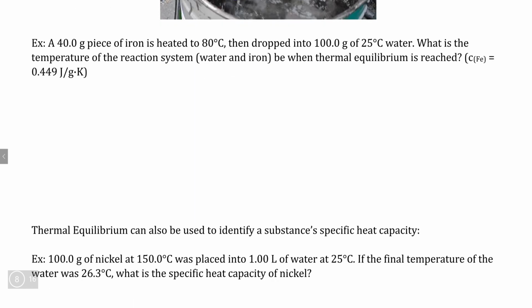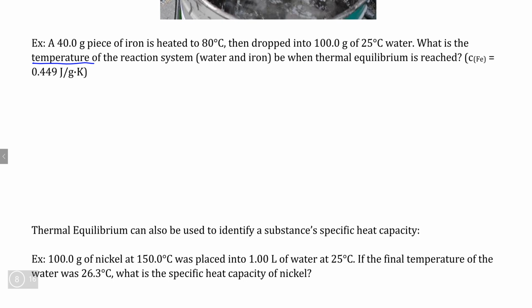So if we consider this situation here, what we want to calculate is the final temperature of both the water and the iron, which will be the same because of thermal equilibrium, after the iron is submerged into the water. And again, we can set this up as an equation where each side is the Q is equal to mc delta T formula, but on one side we have iron, and on the other side we have water.